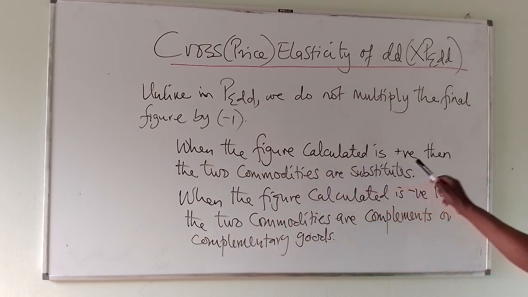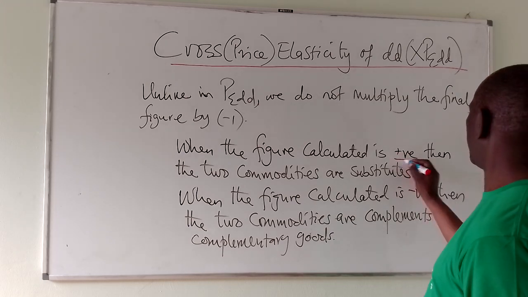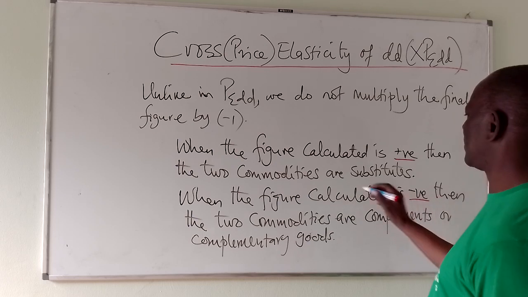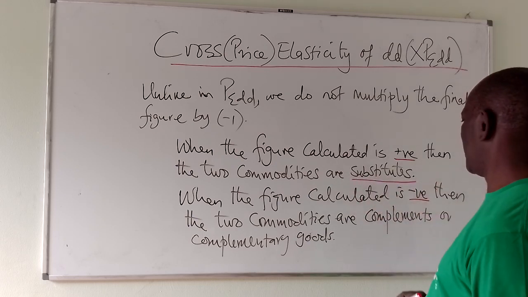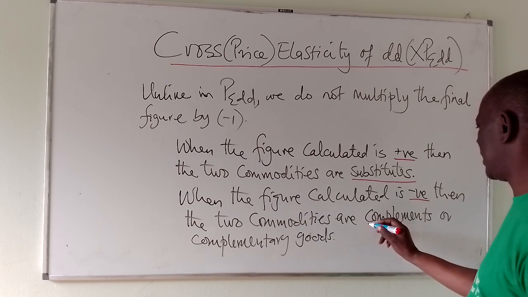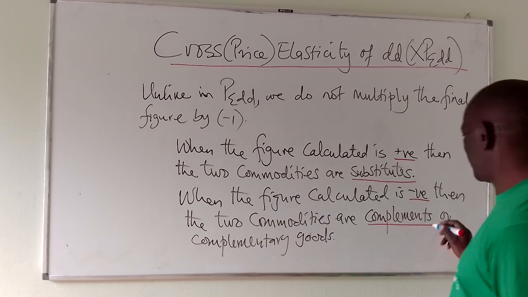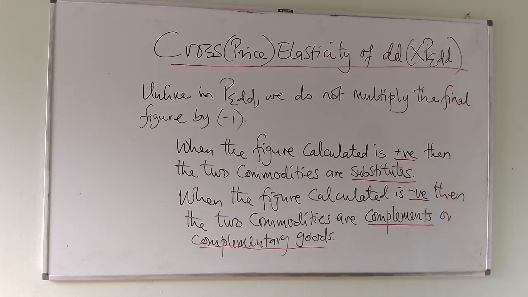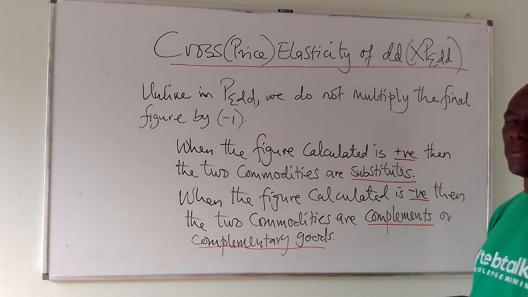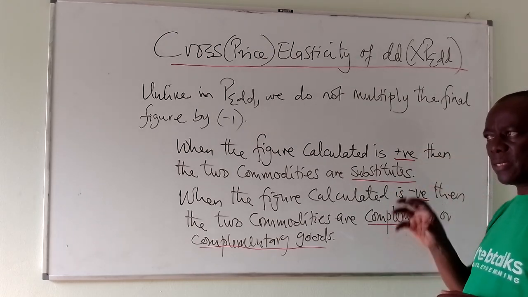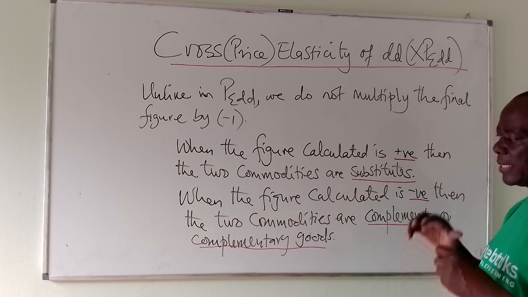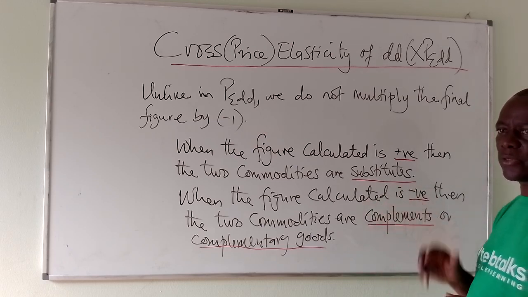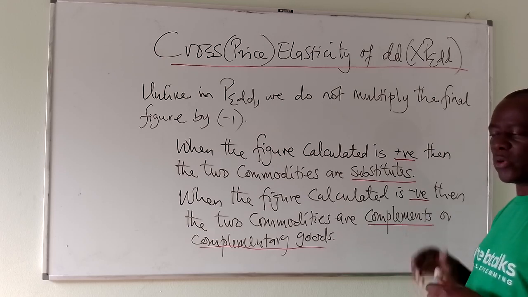The moment you get the figure positive, then you know that these are substitutes. The moment you get the figure negative, then you know these are complements or complementary goods. So that's what you have to note. And that's why we don't multiply our figure by -1, because a positive figure shows us something, and a negative figure also shows us something in relation to these two commodities.